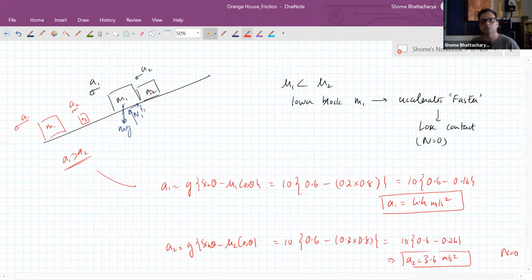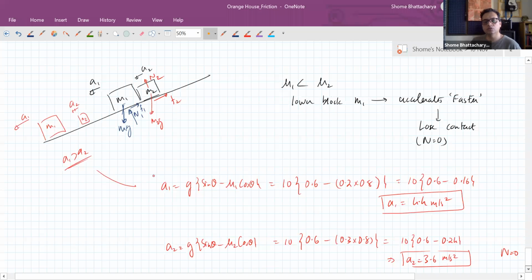And similarly on the second block, there is only weight, friction, and normal reaction acting. Okay, so this is one of the standard type of questions in HCV. So hope this question is clear.